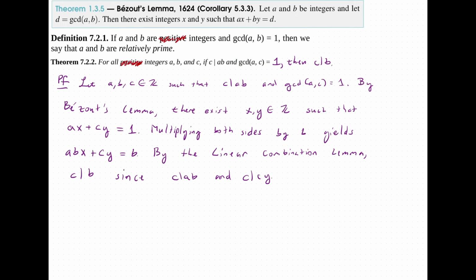But that is what we wanted to prove. We wanted to prove that c divides b, and so that finishes it off for this proof, QED. And so we are done with the proof of Theorem 7.2.2.